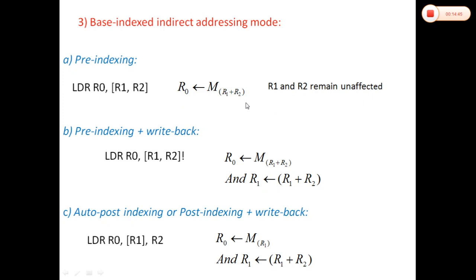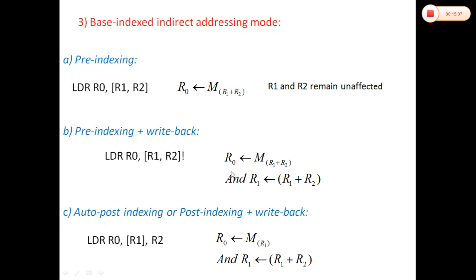That's why it is pre-indexing. The addition, or indexing, is done prior to the transfer of the data, the copy of the data. Next is pre-indexing plus write back. As we have seen before, the syntax is typically like this with this additional sign.